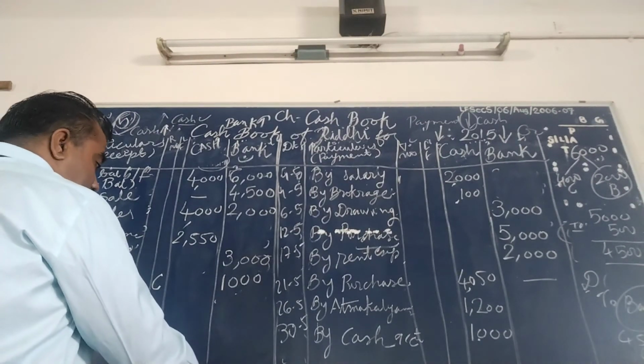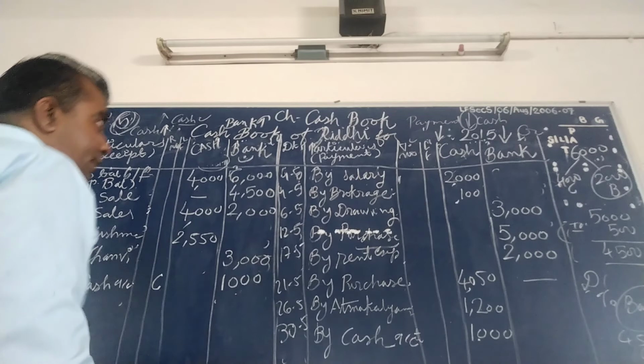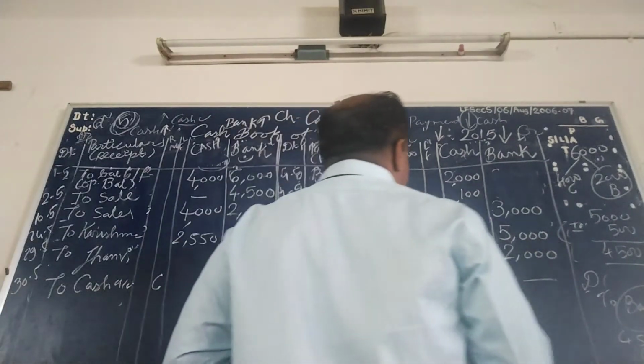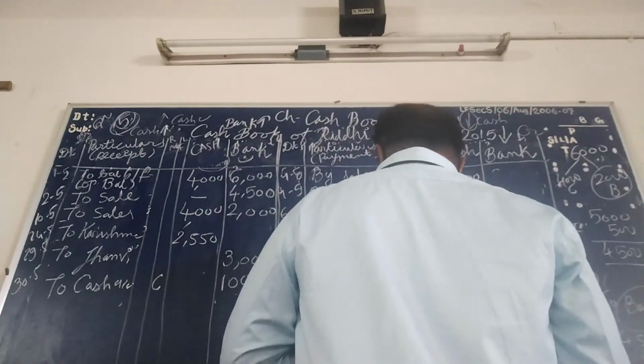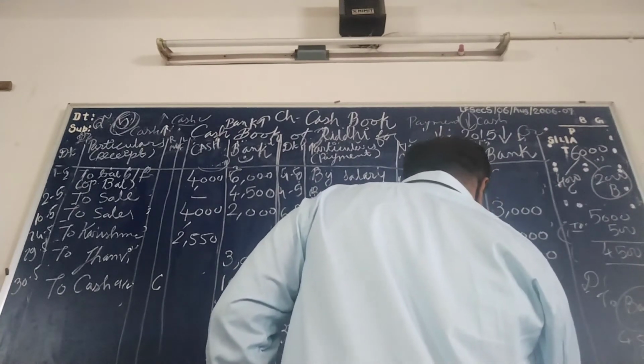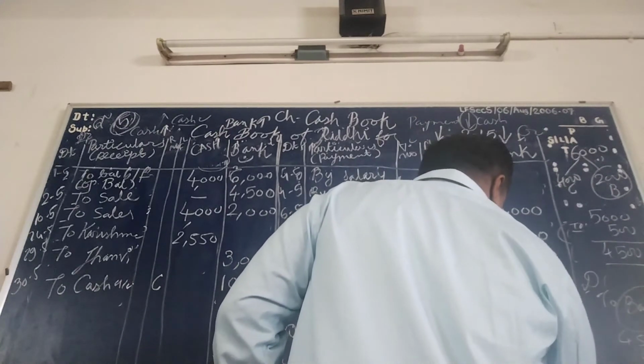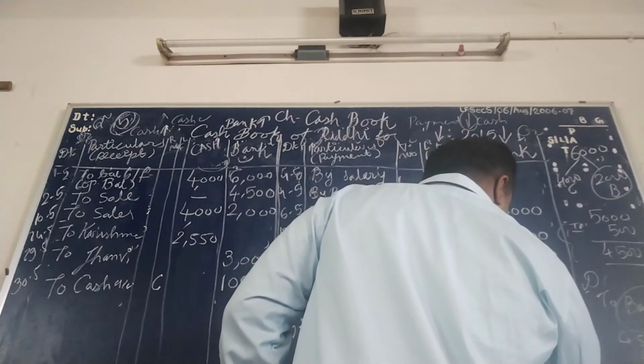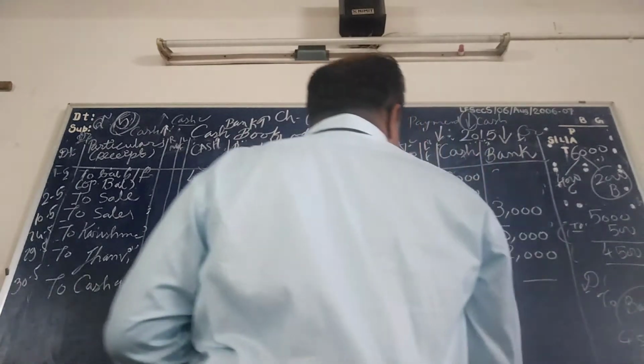Here the bank column total is 16,500. On the credit side we write 10,550 and 16,500. So the remaining will be considered as the balance carry forward.